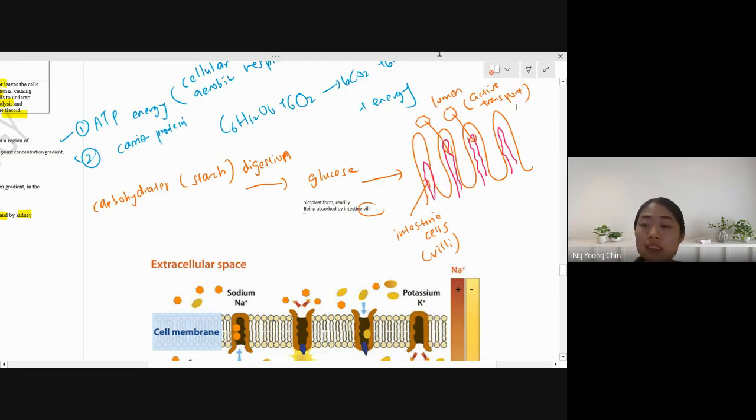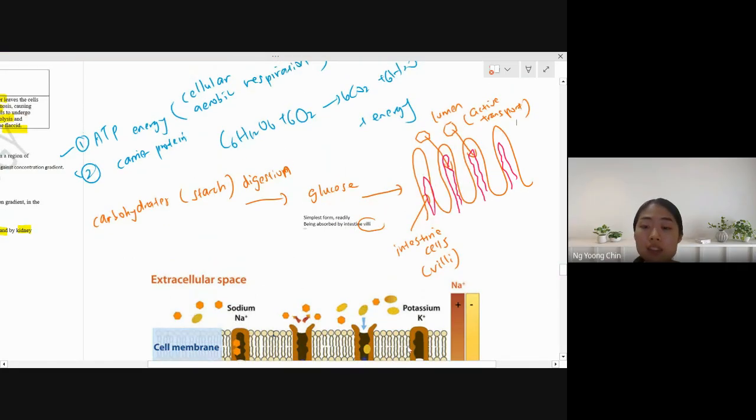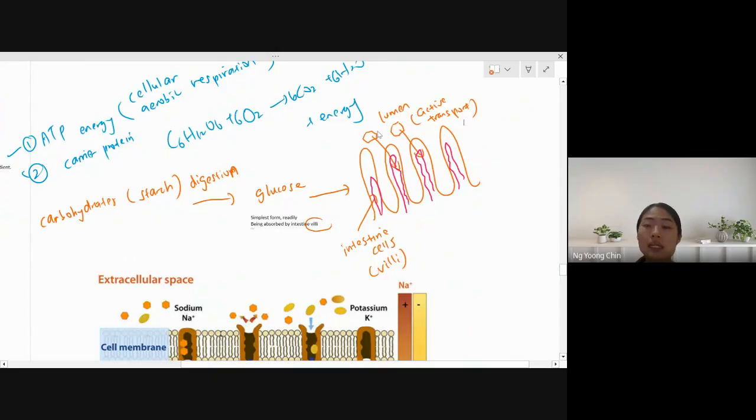So why are they using active transport? This is because in the lumen, they have a lower concentration of glucose. However, in the intestine cell, they contain a higher concentration of glucose. So there will be active transport with the help of carrier proteins and also ATP energy.